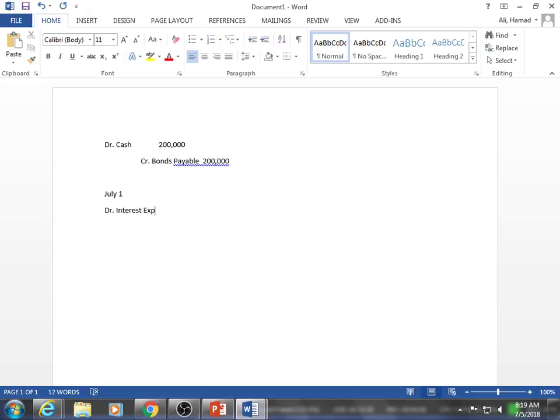Debit interest expense on bonds payable, and we're going to credit cash for the amount of interest.